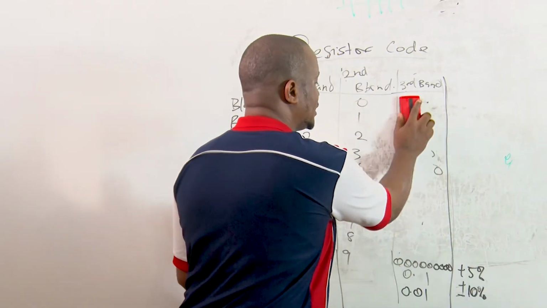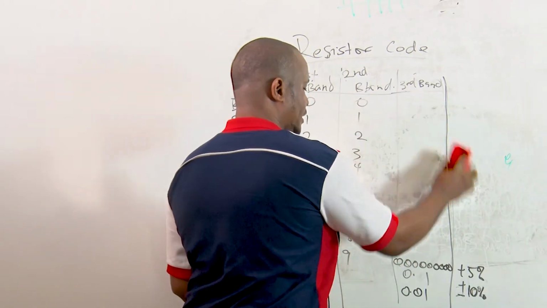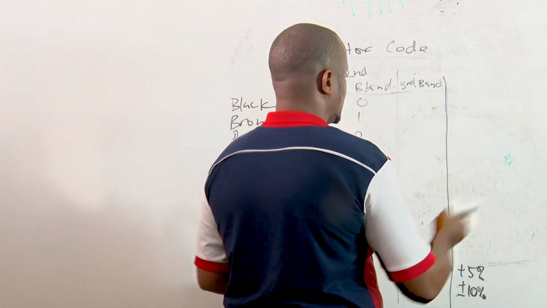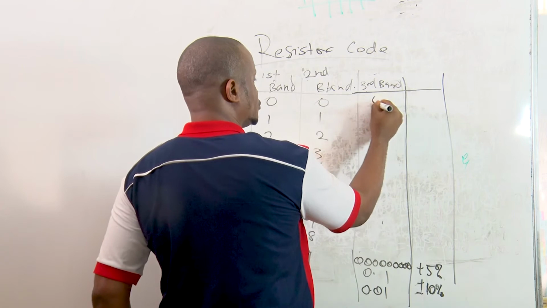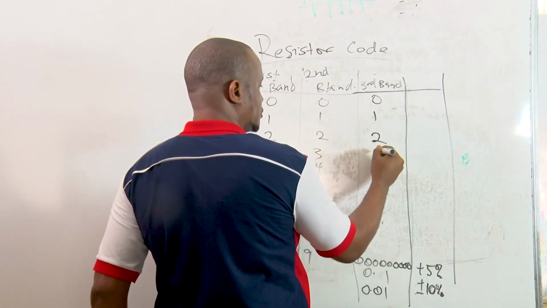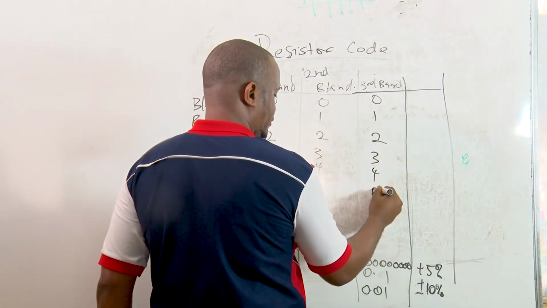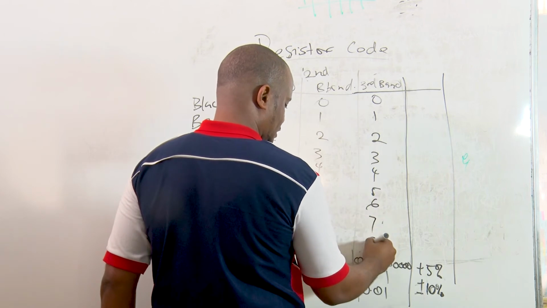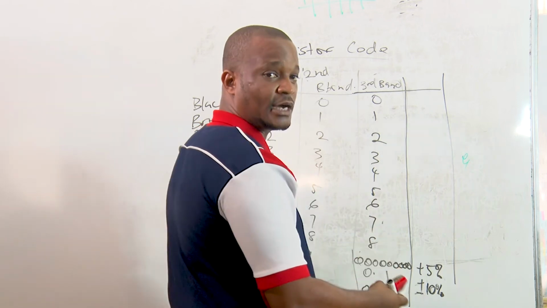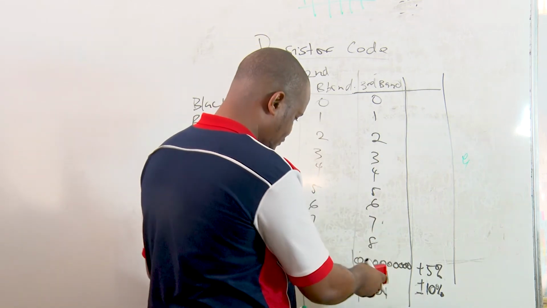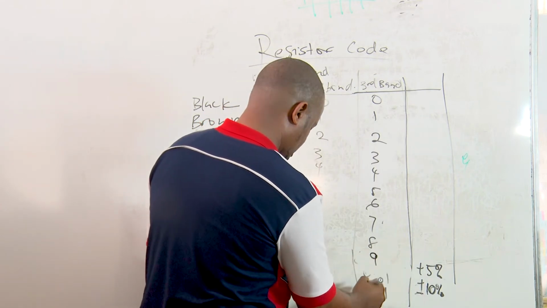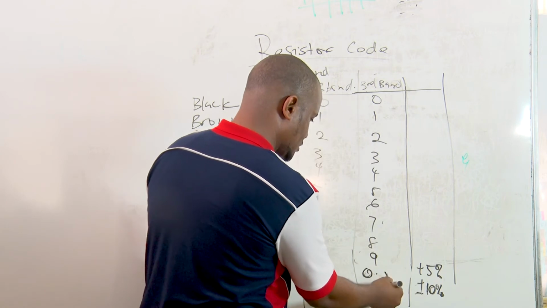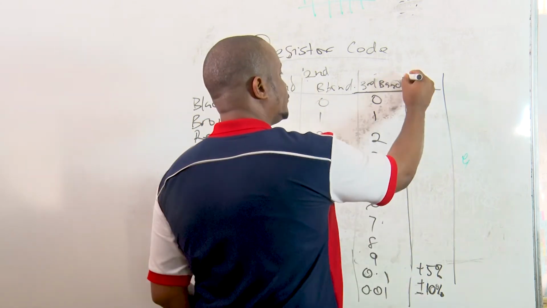The difference here is that you have 3 bands and then you have a 4th band. So the 3 bands continue with 0, 1, 2, 3, 4, 5, 6, 7, 8, and then you have the 9, okay? And then the gold still maintains this position, and then you have the 4th band.